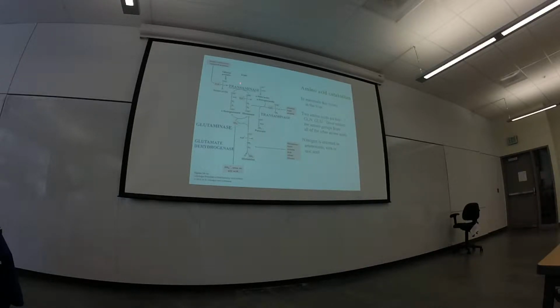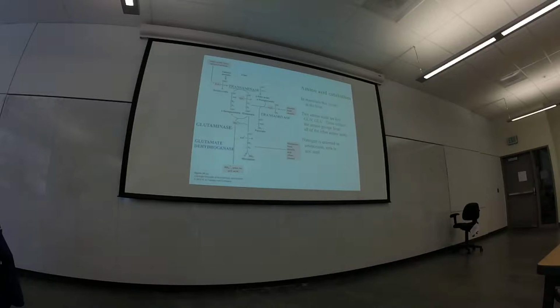So there's an alpha amino acid that reacts with the PLP cofactor in such a way as to transfer the amino group to the PLP cofactor to make pyridoxamine phosphate, and release the alpha keto acid as the first product.